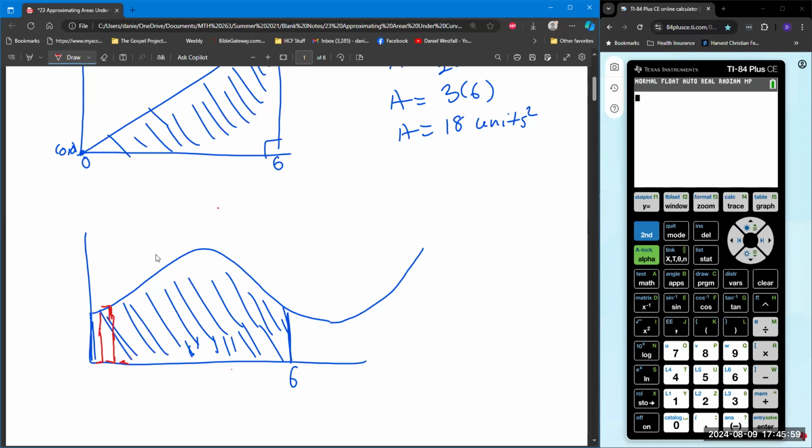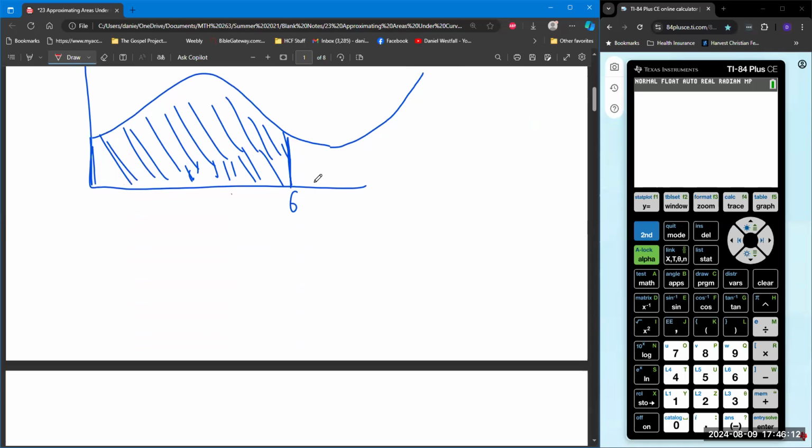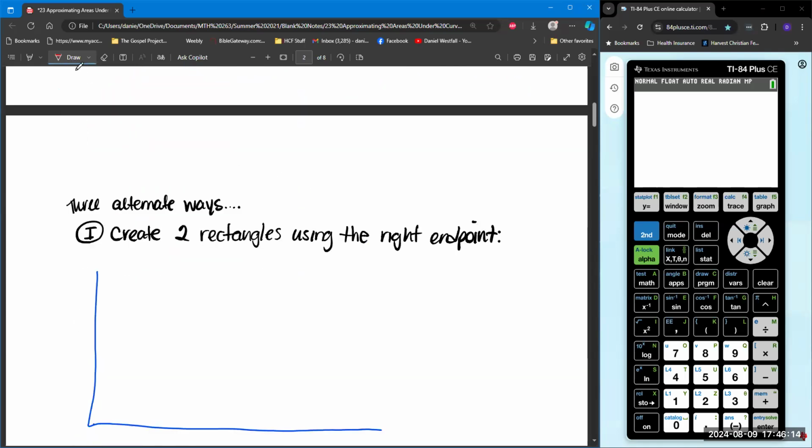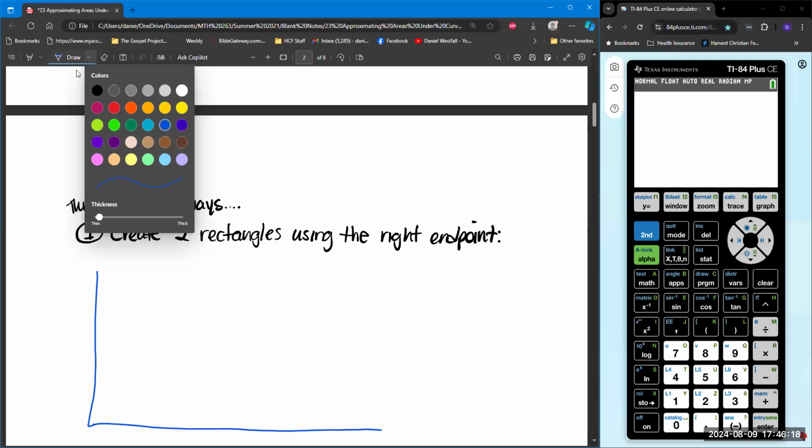If I wanted to squeeze out some of that error, I'd use the midpoint between the left endpoint and the right endpoint to help me figure out the area, and that's going to give me a much closer estimate. So let's look at this.